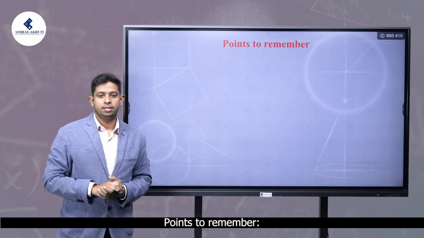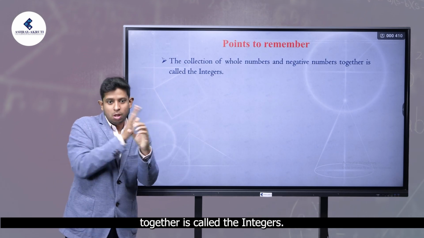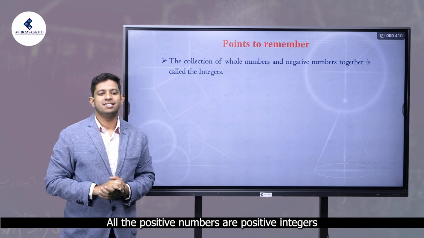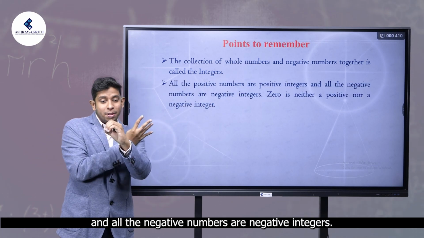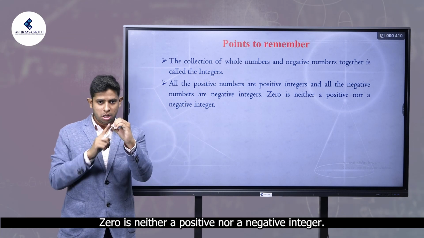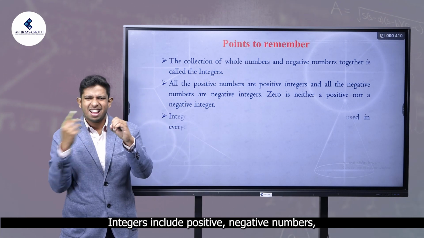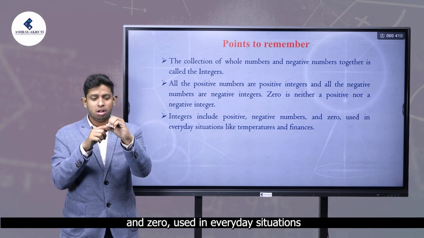Points to remember. The collection of whole numbers and negative numbers together is called the integers. All the positive numbers are positive integers, and all the negative numbers are negative integers. 0 is neither a positive nor a negative integer. Integers include positive, negative numbers and 0.